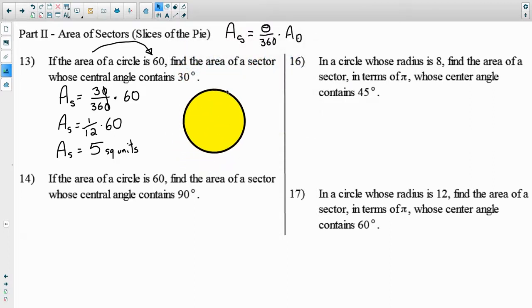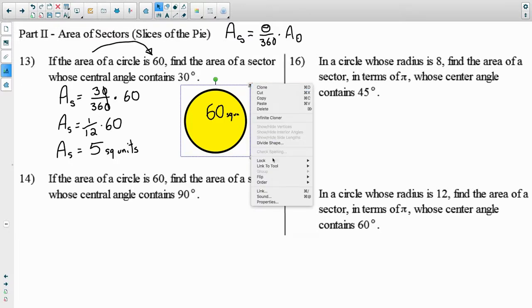Basically what they said is that there exists a circle, and the entire area, all of the yellow here, is 60 square units, right? And they said, well, we don't want the whole thing. We just want a slice of that. The slice has 30 degrees. Well, that's the same, since we simplified 30 out of 360 to 1/12.